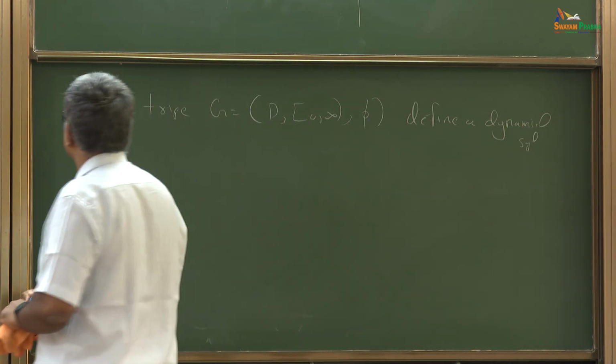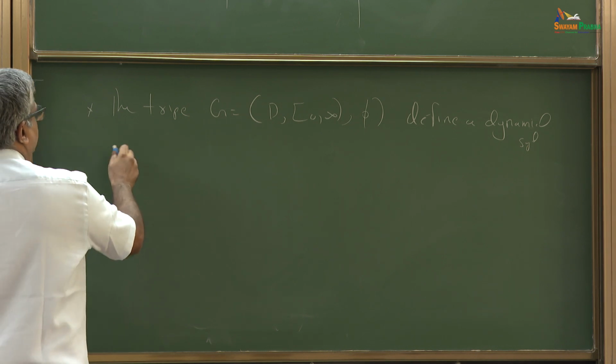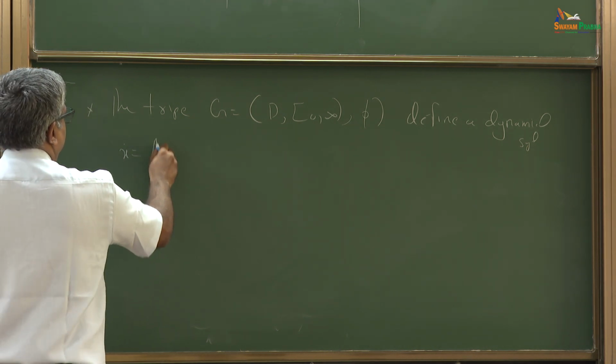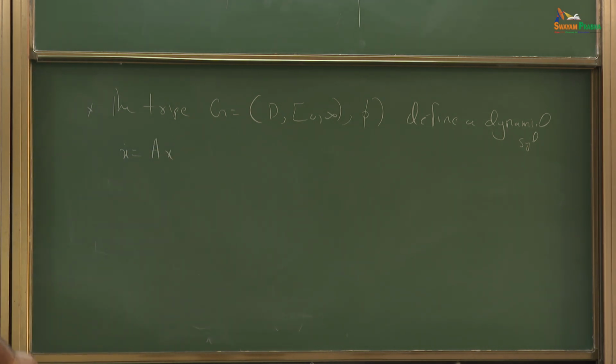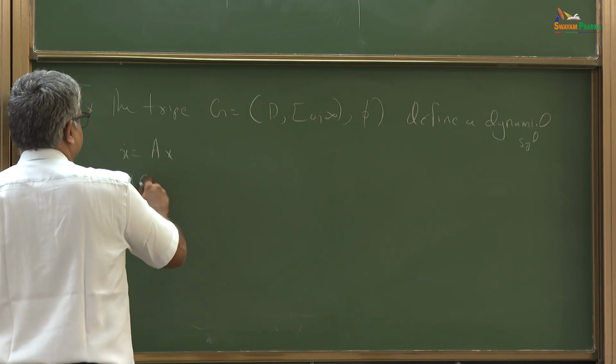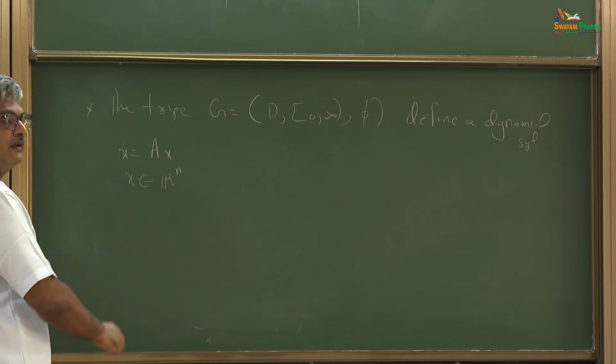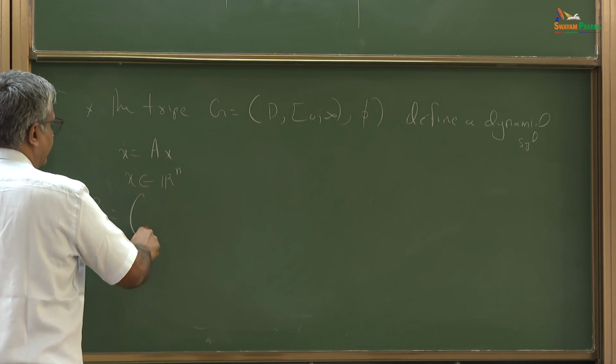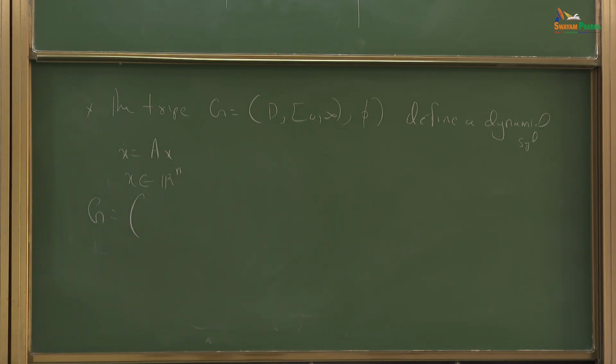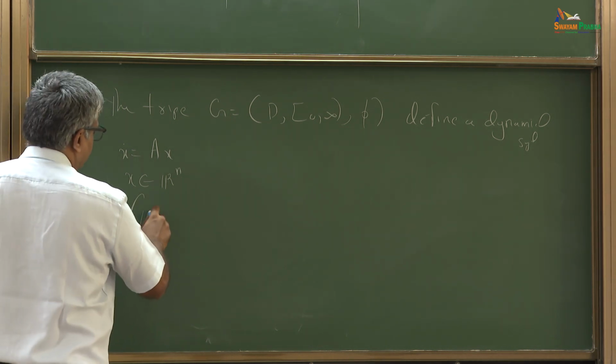Okay, to give you an example, our usual linear system, x dot is equal to Ax, say x is in Rn. So what will be the G here? D is the state space, which is Rn itself.